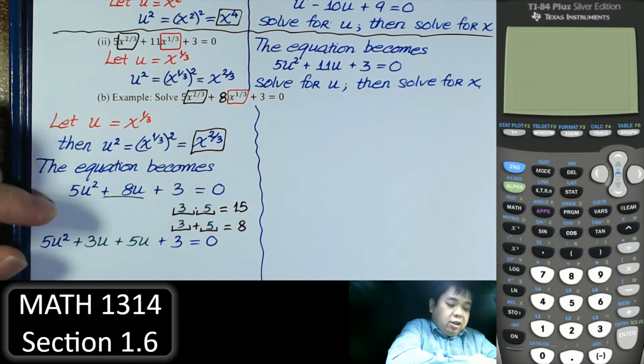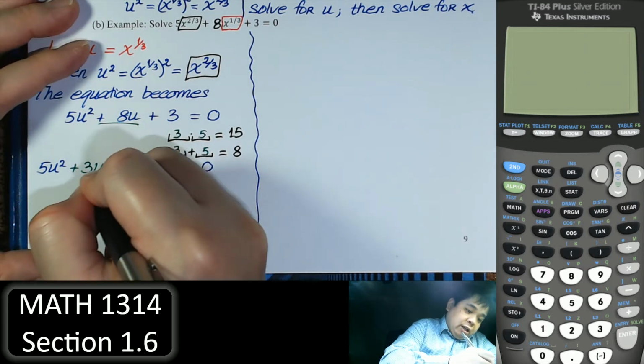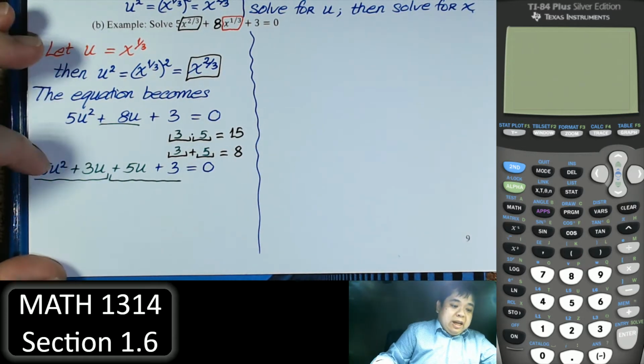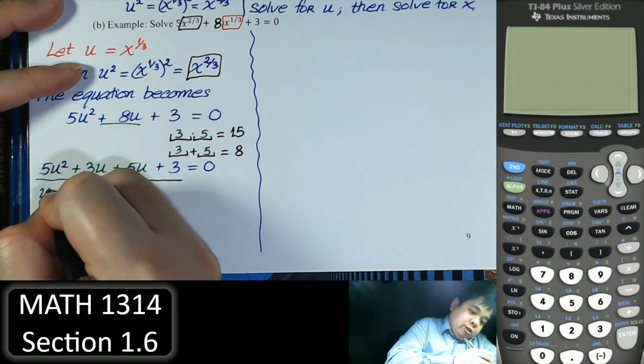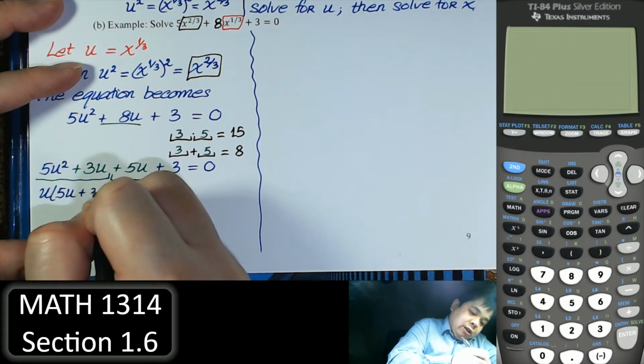And then we just factor by grouping the first two terms and the last two terms. Our first two terms have u in common, and that's all we can do. So we have u times 5u plus 3.